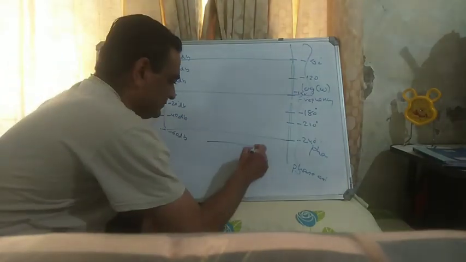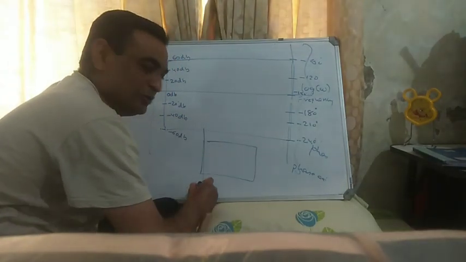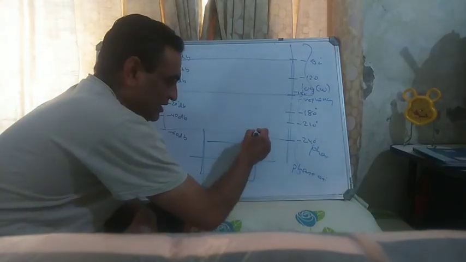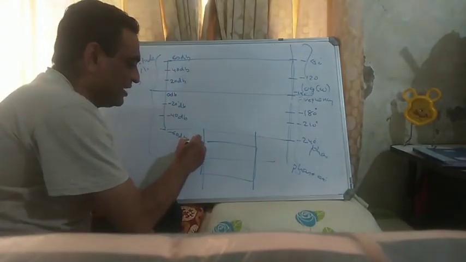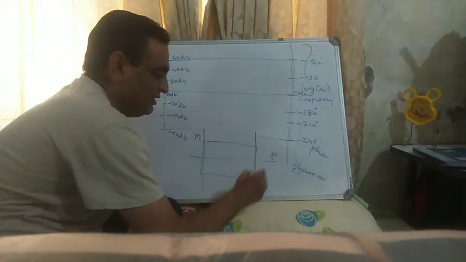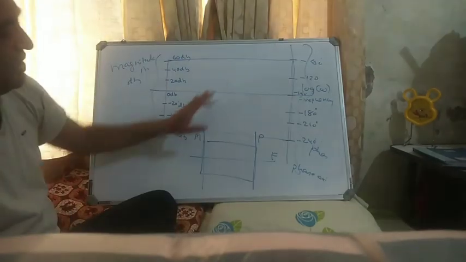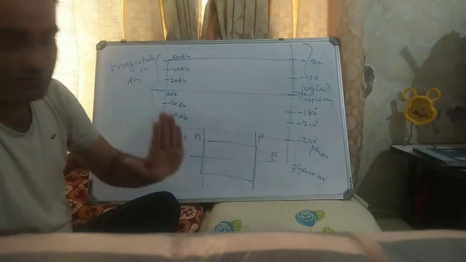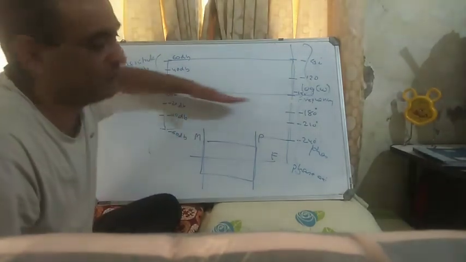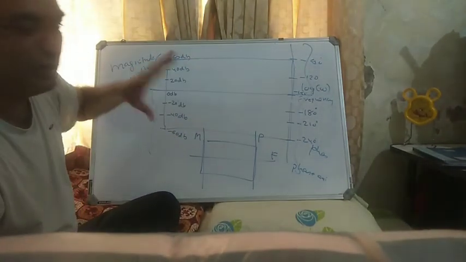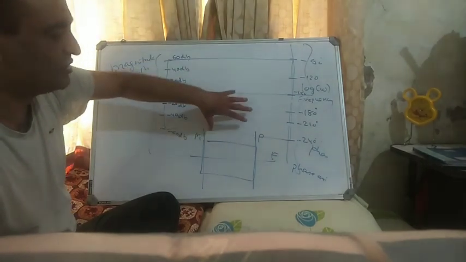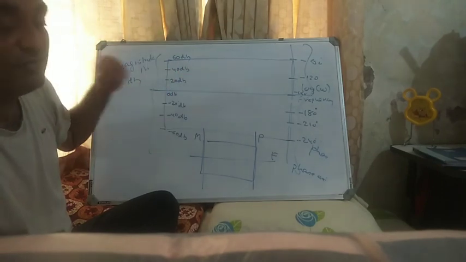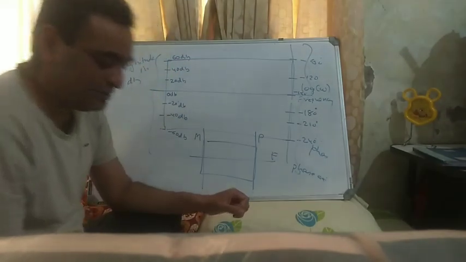Something like this: this is magnitude, this is omega, frequency, and this is phase. So the phase versus frequency is the phase plot, and the magnitude versus frequency is the magnitude plot. Both the magnitude plot and the phase plot are drawn on the semi-log graph paper, on a single graph paper, and then we can ascertain the stability of the system.